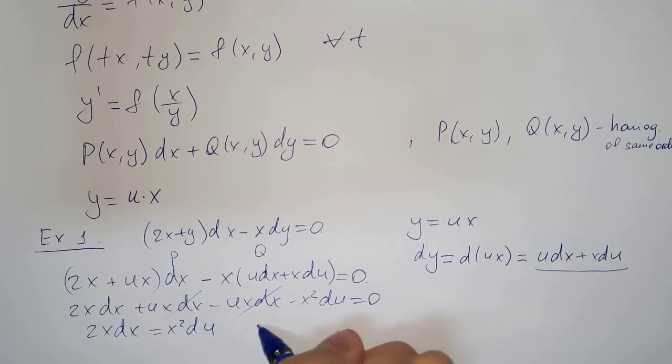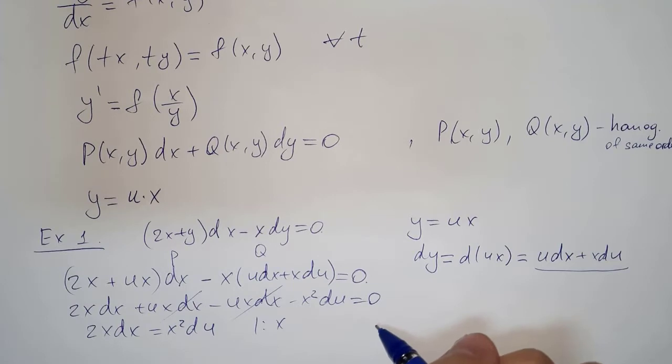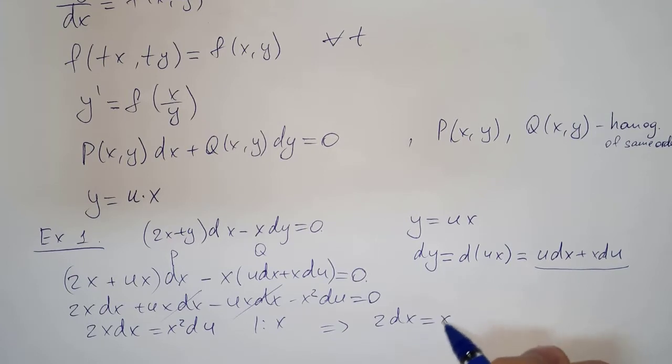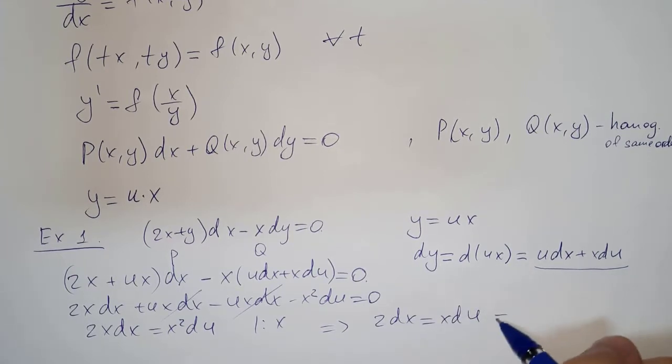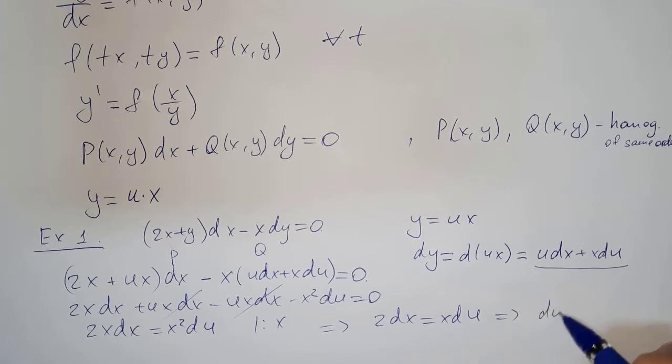Now dividing by x, we'll get 2 dx equals x du, or du is 2 dx over x.